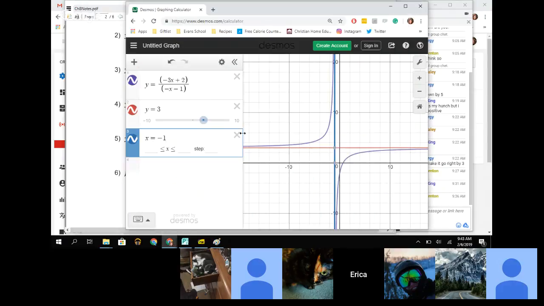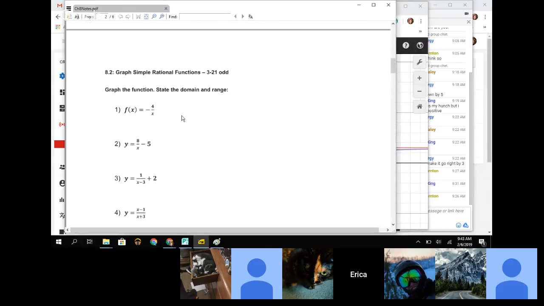We won't have time to finish this other section. If you want to do your homework, because I haven't handed it out to you, 8.2 is 3 through 21 odd. Again, I would really, really recommend printing out some printable coordinate planes.